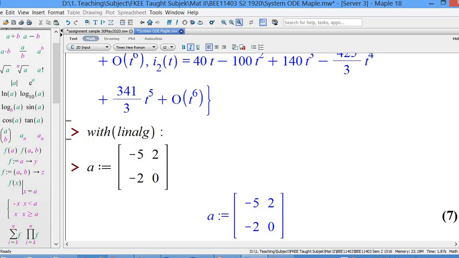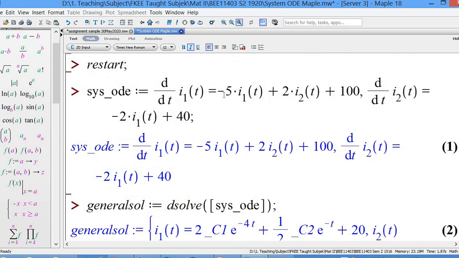Or if you want to show step by step how we obtain the solution of the system of first order differential equations, this is called the package LinearAlgebra. A is the coefficient matrix of the system of first order differential equations, where here negative 5, 2.